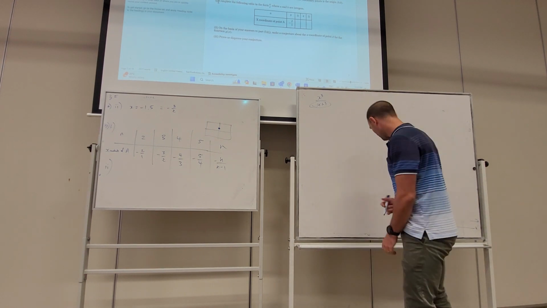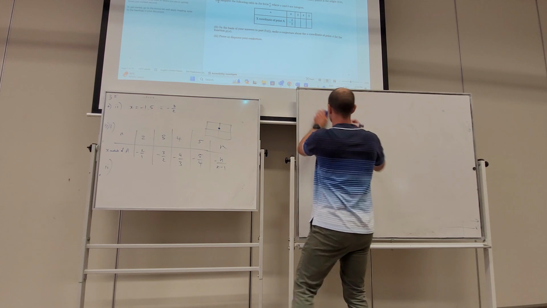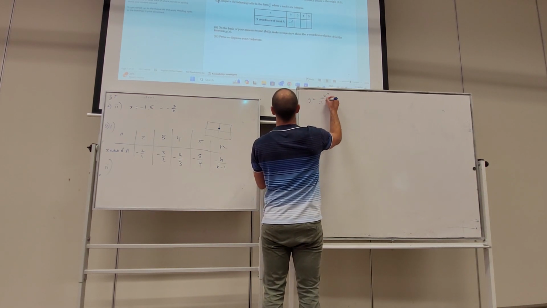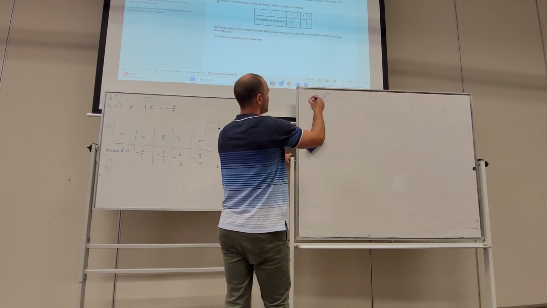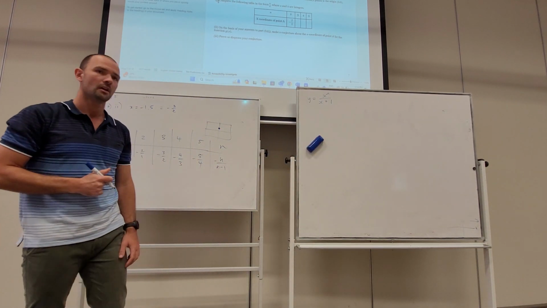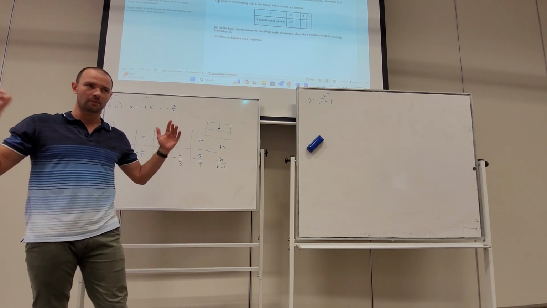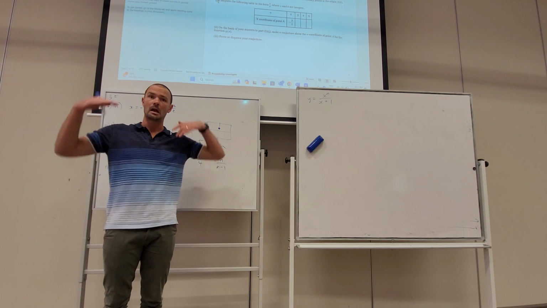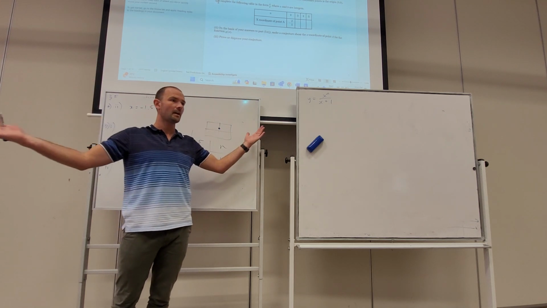So we have the function, the family of functions is x to the n on top of x plus 1. All right, that's the family of functions. Stationary points occur when the first derivative is 0. So we're going to find the first derivative and make it equal to 0 and solve for x.